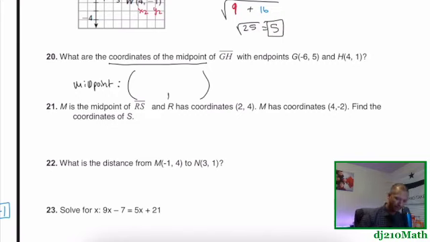The x's are going to be x1 plus x2 divided by 2, and the y's is y1 plus y2 divided by 2. So it's the average of the x's and average of the y's, and that'll find us the coordinates for the midpoint. So plugging this in, we're going to get x1, y1, x2, y2.